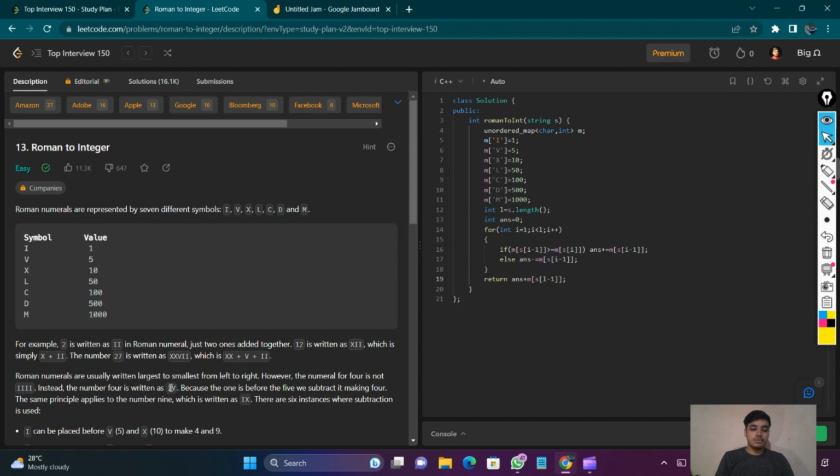In this condition we have already subtracted the second last, and now the last one we have to add. Because what we are doing is subtracting 5 minus 1, so it is giving 4. So in both conditions we have to add the last index value. That's why I've added it directly in ans.